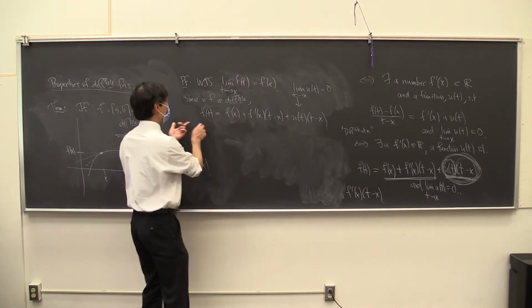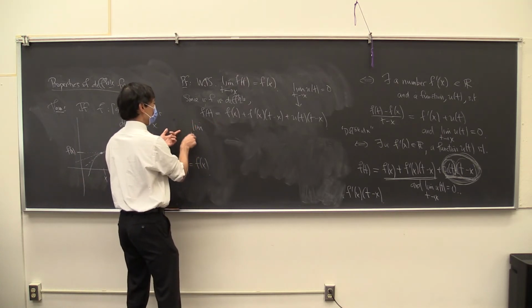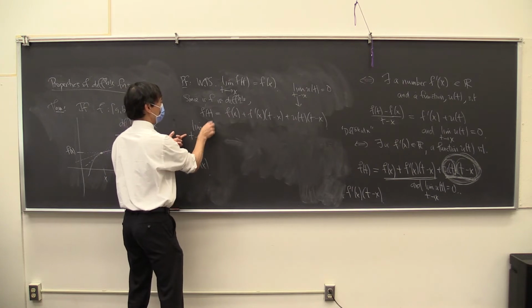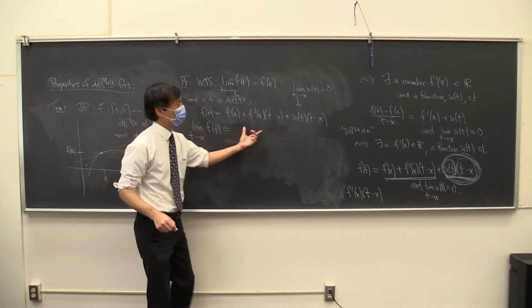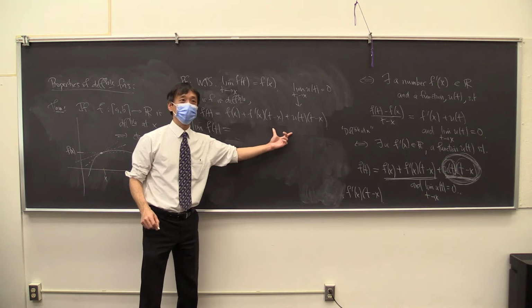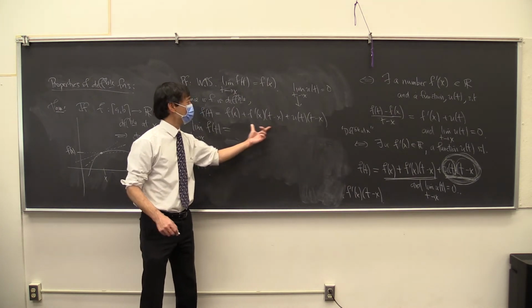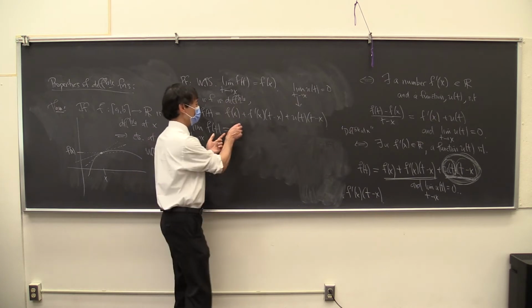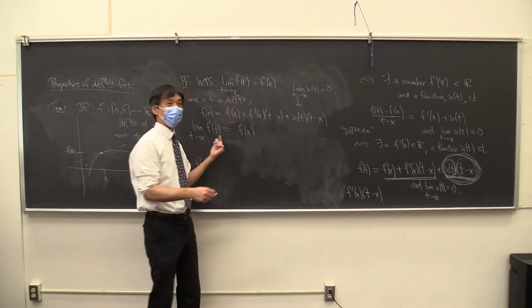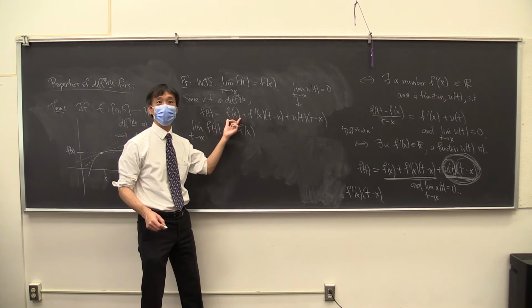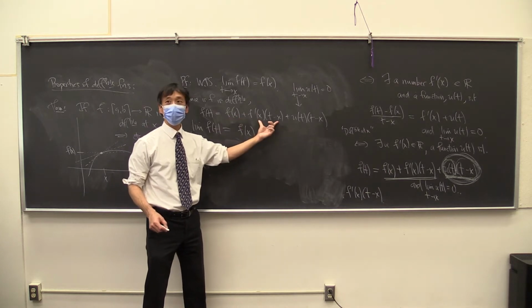Well, if we take the limit as t goes to x on both sides, what happens? The limit of f of t is going to be what? Over here, f of x is not going to move, because t is moving and f of x has no dependence on t. What happens here?